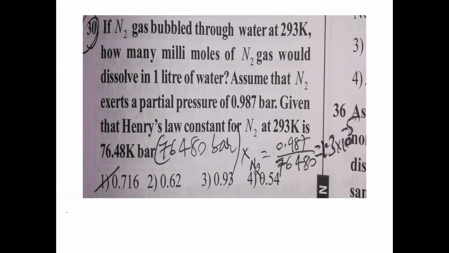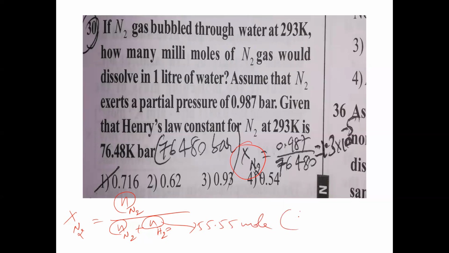Now, what I'm saying, we got X of N2, the mole fraction of nitrogen. The mole fraction of nitrogen formula is the number of moles of nitrogen gas divided by the number of moles of nitrogen gas plus the number of moles of water. Now, how much did we get for the number of moles of water? 55.55 moles, because 1000 grams by 18 is equal to 55.55 moles.